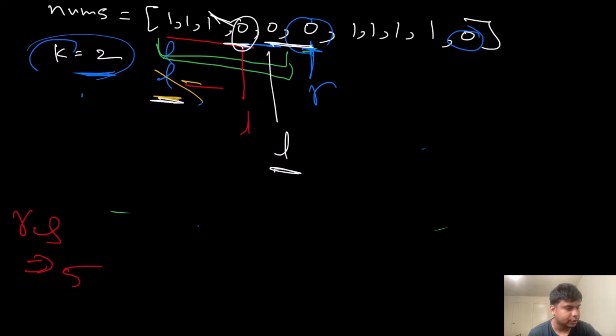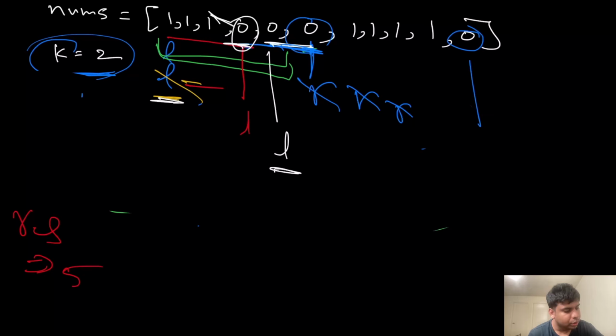The size of the window is 2 here, but we already have 5 as the result, so it won't get updated. So keep moving your R. It's 1, which means you can just keep moving. Your window will move till this point where it is 1, and there are 2 zeros, so we can still move it.